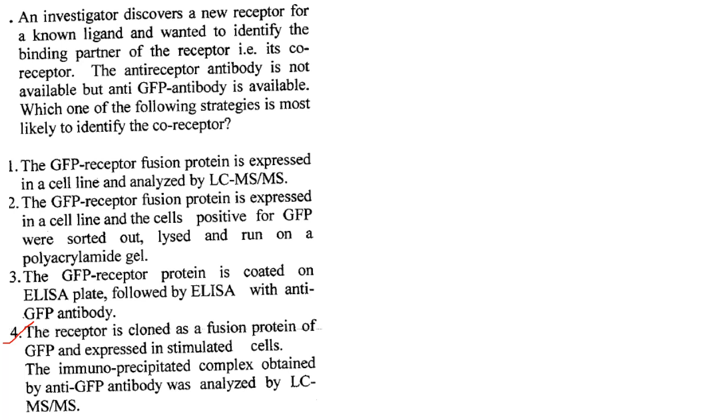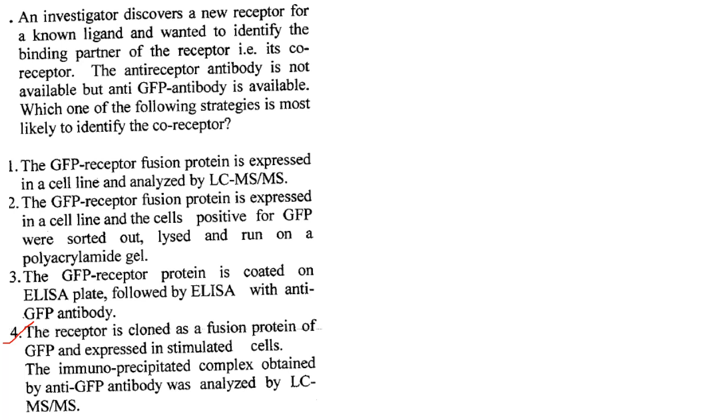The next one. The receptor is cloned as a fusion protein of GFP and expressed in stimulated cells. The immunoprecipitated complex obtained by anti-GFP antibody was analyzed by LC-MS. That is correct. That is more correct. So first what you do, the receptor is cloned as a fusion protein of GFP.